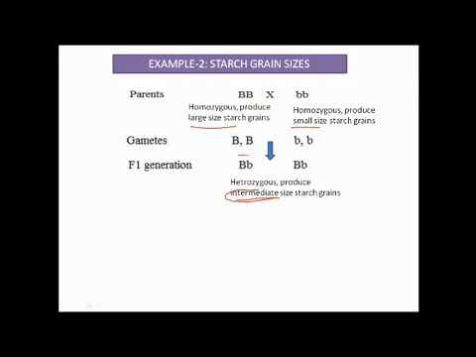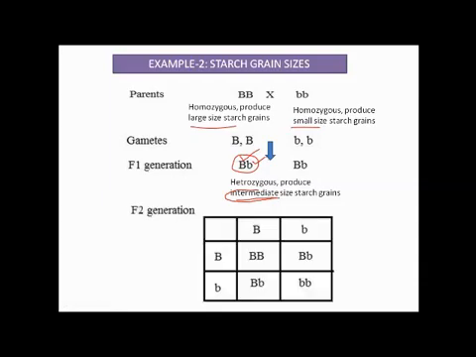So this does not follow Mendel's rules completely. The dominance of B is seen, but the dominance is superimposed by the presence of this other gene. Okay, so this caused the intermediate size starch grain.